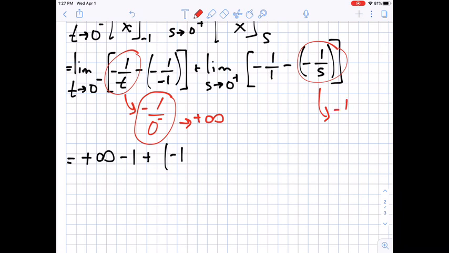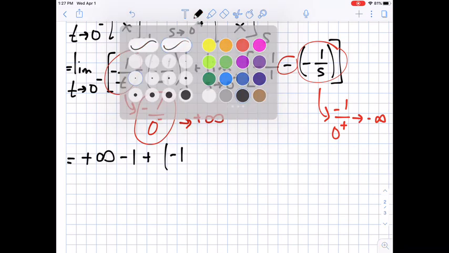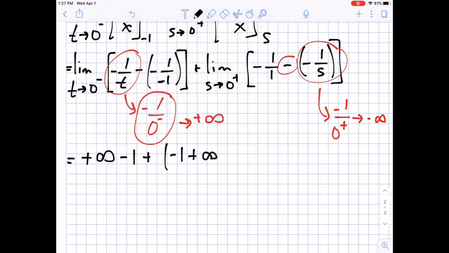We're going to get -1 over 0 plus. It's going to go to negative infinity. But here it's going to be sort of a double negative. So what we end up with on the second limit, we get plus infinity.